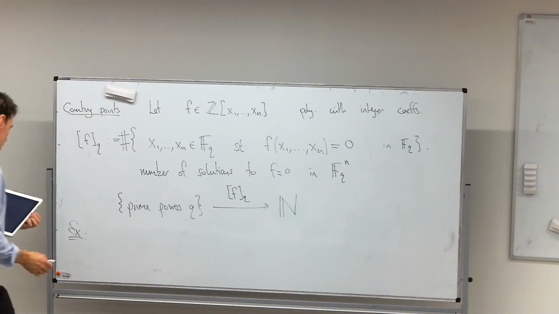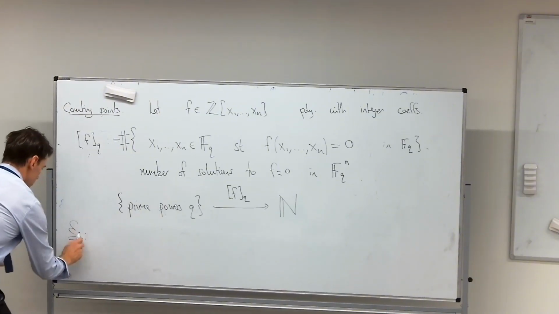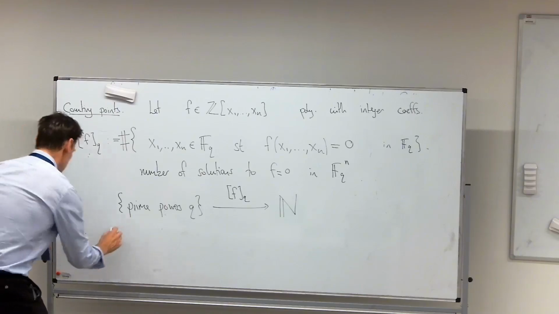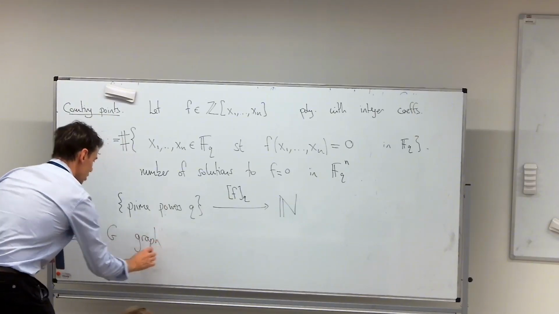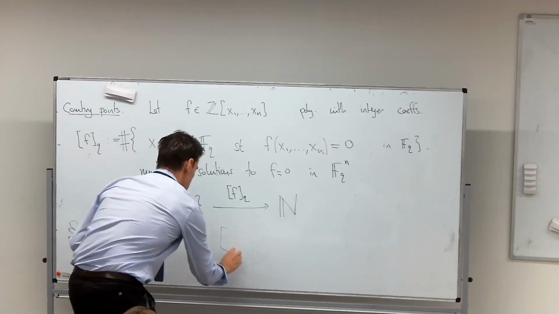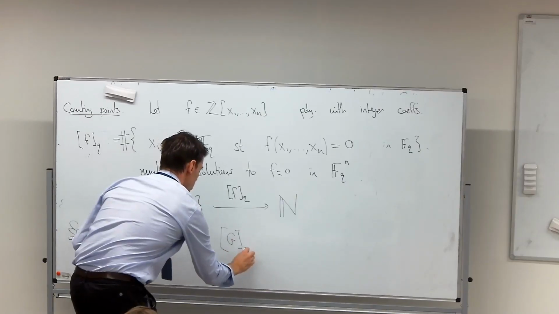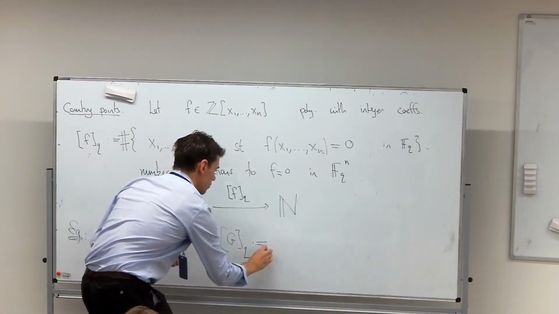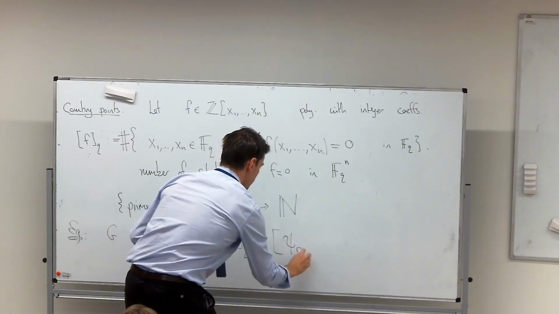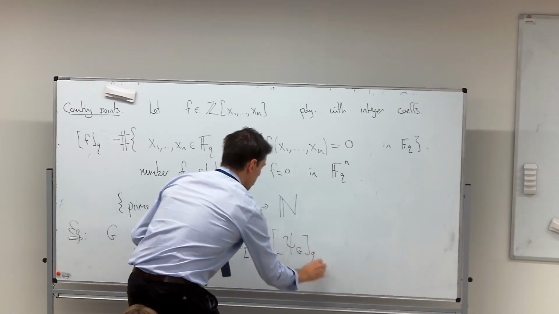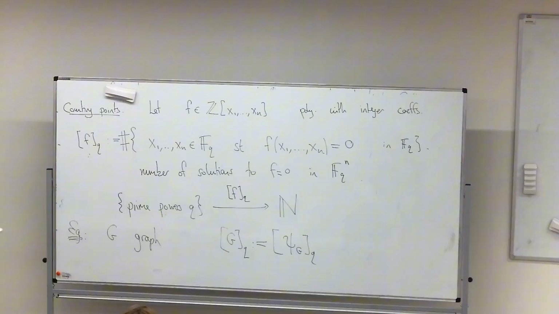But we can apply it, for example, to graphs. So if we take G a graph, we can define [G]_q to be the number of points over finite fields of this graph polynomial.